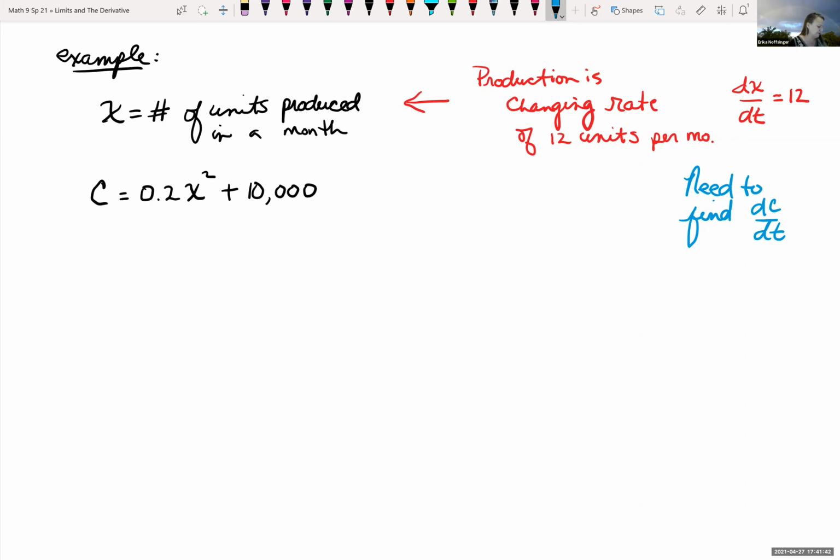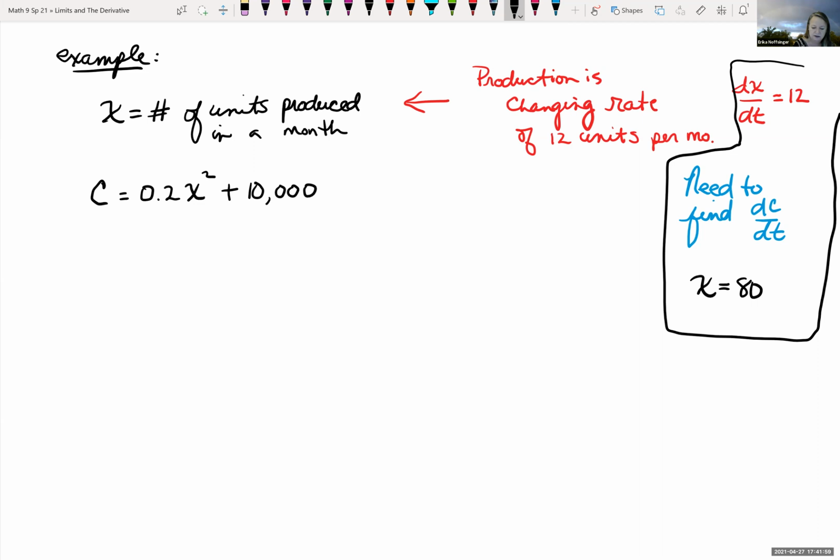And the production level is 80 units. So we're given that our production level x is equal to 80. Okay, so we know what we need to find. We have things defined and we have values for certain quantities.